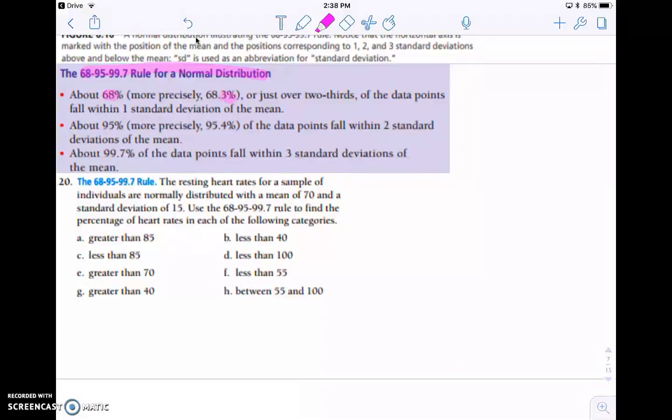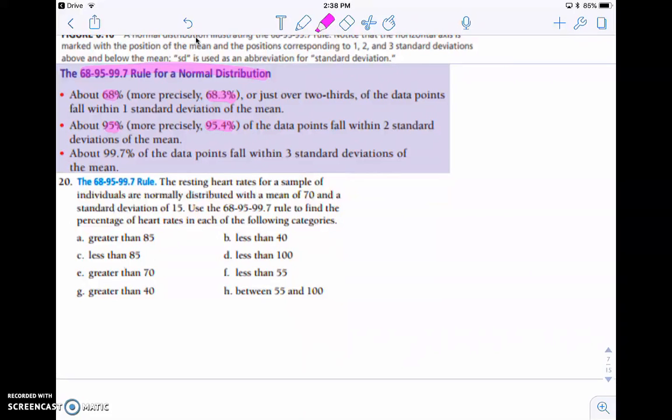About 68%, or just over 2/3 of the data points, will be within 1 standard deviation of the mean. 95% of the data will fall within 2, and 99.7% of the data will fall within 3 standard deviations of that mean. So it's a quick way for us to determine, based off of those 2 pieces of information, the mean and the standard deviation, how much of the data is contained within an area.